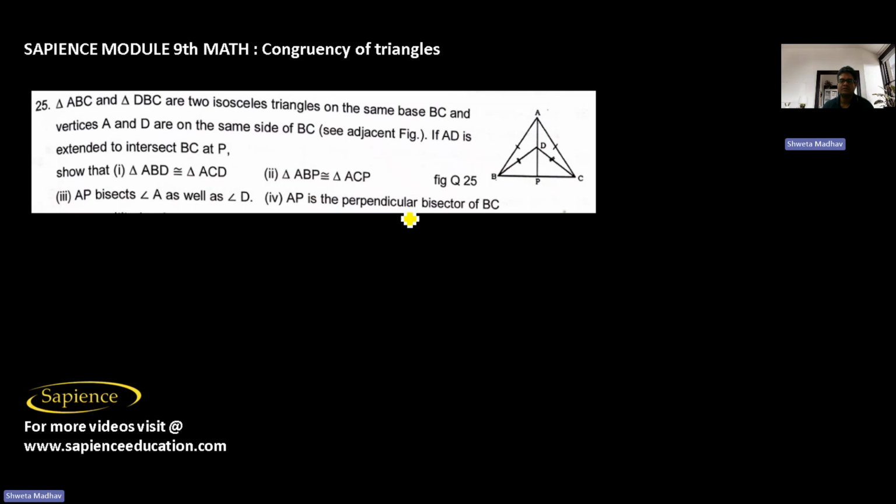Then in question number 25 it is told triangle ABC and triangle DBC are two isosceles triangles on the same base BC, and vertices A and D are on the same side of BC. If AD is extended to intersect BC at P, so that triangle ABD is congruent to triangle ACD.